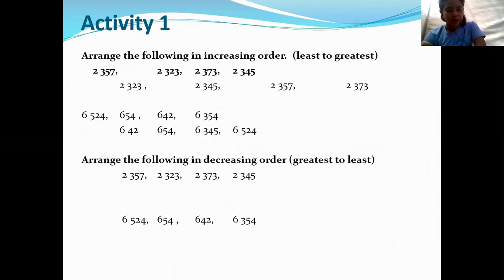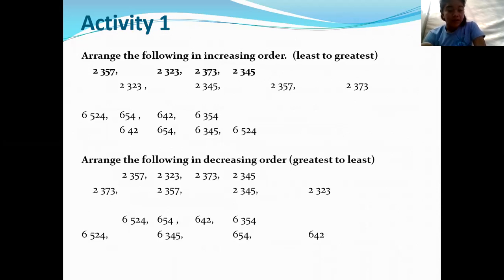Okay, which number is the greatest and the least? Okay, so the greatest is 2,373 and the least is 2,323. Okay, arranged na siya from greatest to least.